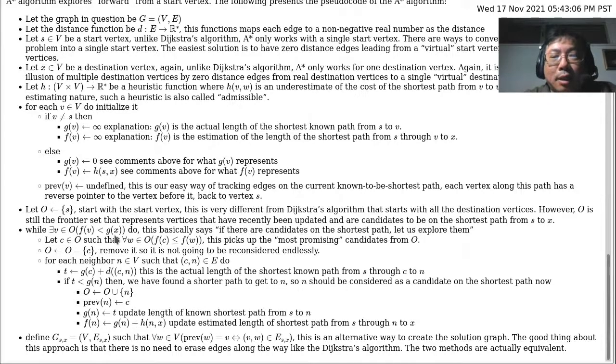So in that case, the destination vertex won't even be in O anymore, because in order for a vertex to end up in the set O, it means that vertex needs to have its g value adjusted to be non-infinity. So the loop will still exit. It's just that the destination vertex won't have a path. And that basically means it is unreachable. Does that make sense?